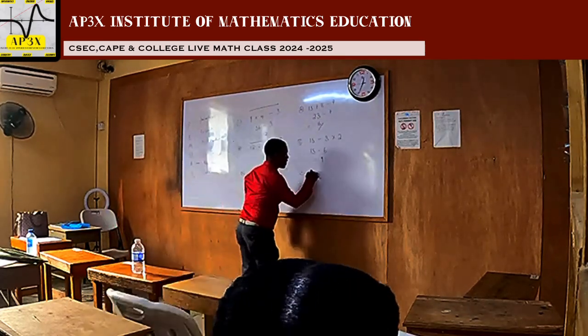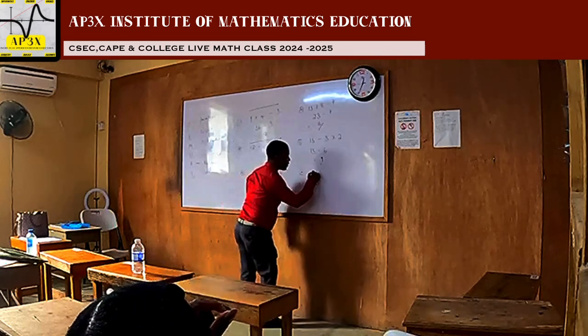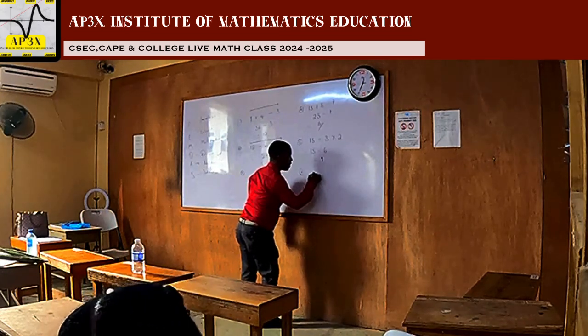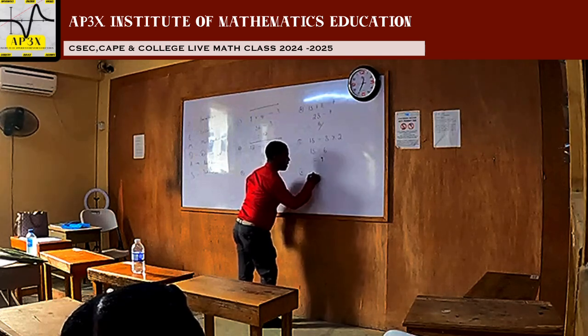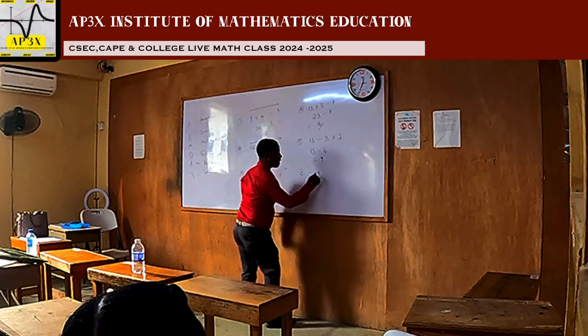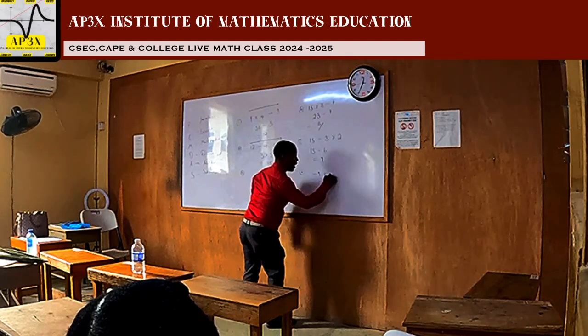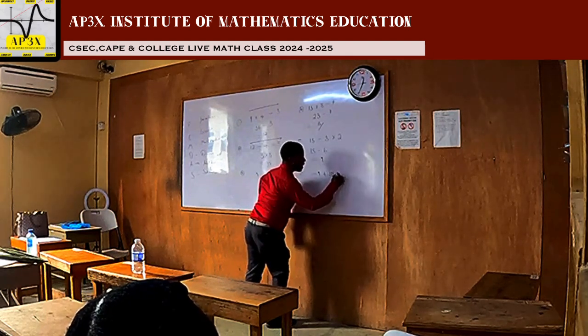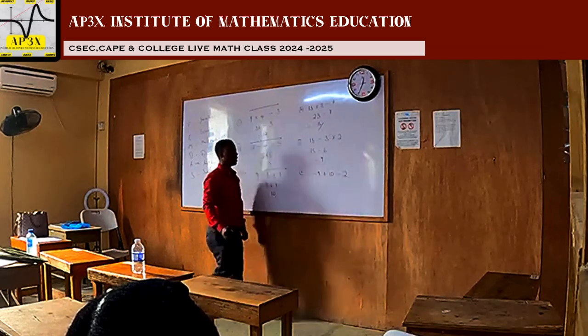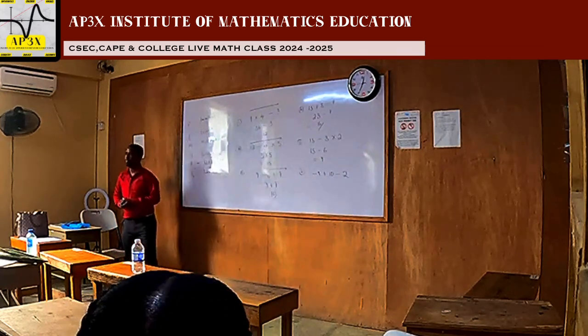So, let's say we have something like, let's make it tricky. Let's say we have negative 9 plus 10 divided by 2. And you're asked to evaluate that problem.